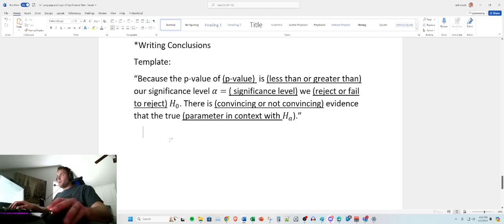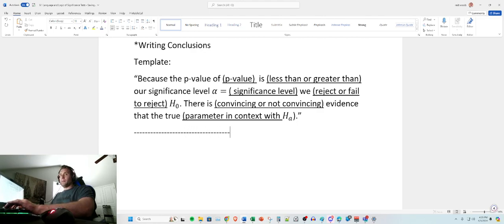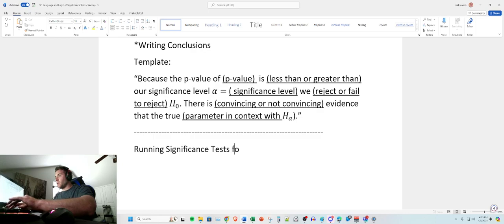So I want to discuss how to run a significance test for proportions. So let's draw a line in our notes. Running significance tests for proportions.